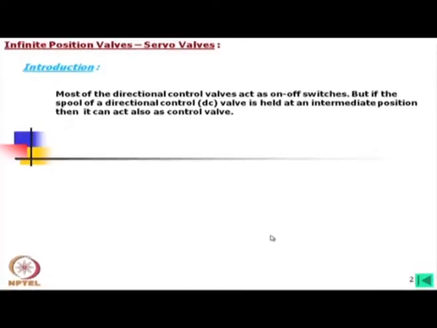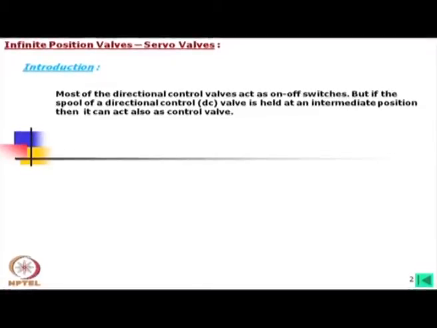Now, most of the directional control valves act as on-off switches, but if the spool of a directional control valve, which is also called a DC valve, is held at an intermediate position, then it can also act as a control valve. Control means in this sense infinite control.